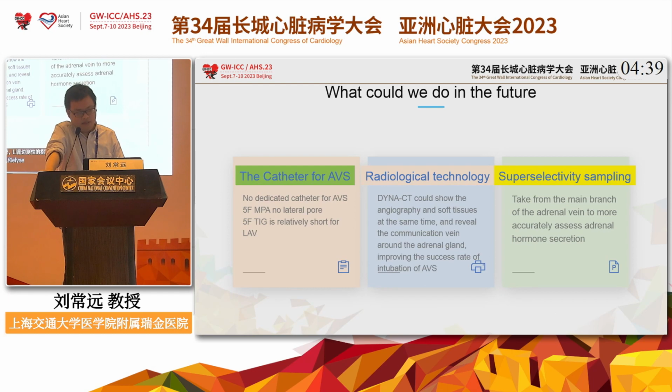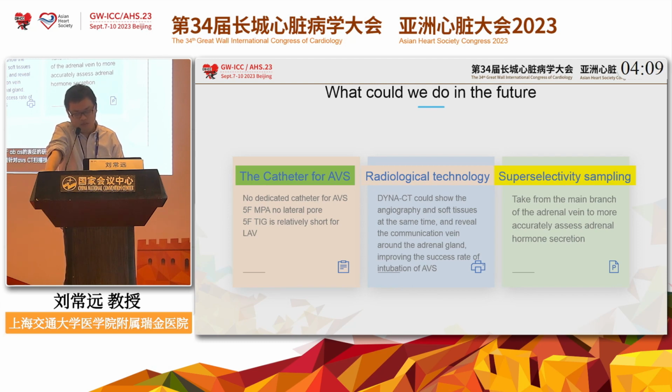The last slide shows what we could do in the future. Because there is no dedicated catheter for AVS at present, we hope to develop a specialized catheter for AVS according to clinical needs. Also, Dyna CT could show the angiography and soft tissues at the same time and reveal the communication around the adrenal gland.